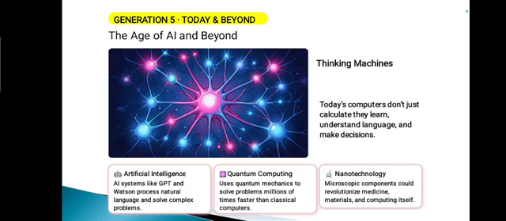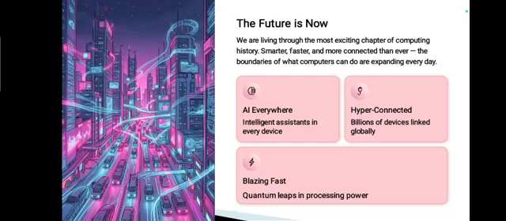The second one is quantum computing, which uses quantum machines to solve problems millions of times faster than classical computers. The next one is nanotechnology. Microscopic components could revolutionize medicine, materials, and computing itself. The future is now.